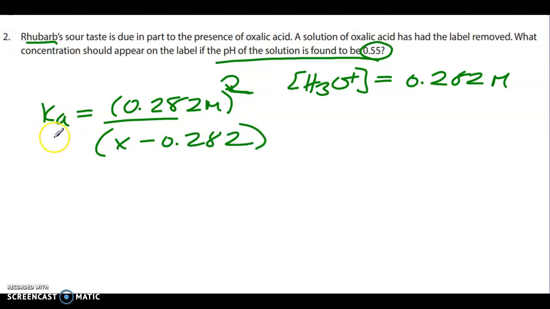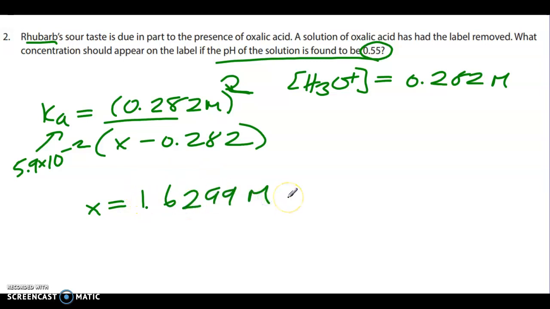And then this Ka value, we can look up for oxalic acid, which is 5.9 times 10 to the negative 2.